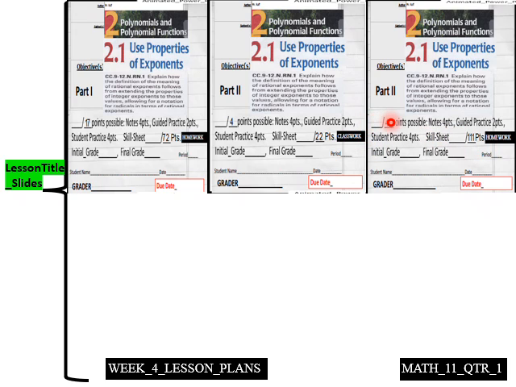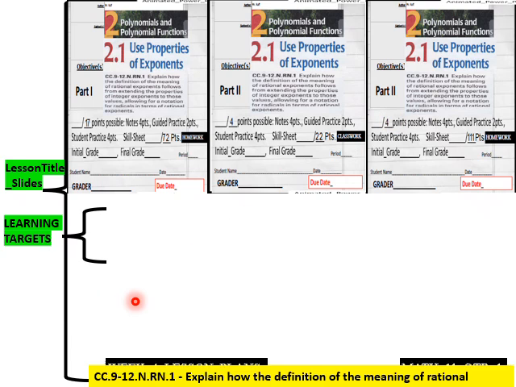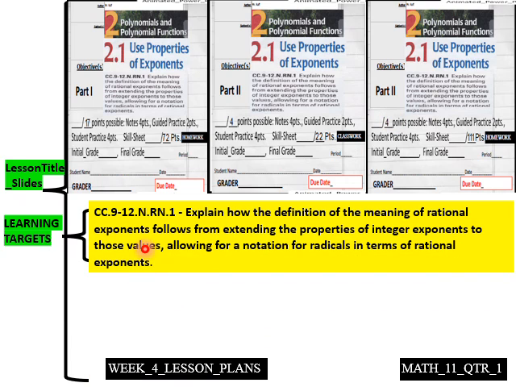And then we go into our learning targets here. And again, it's Rn.1: explain how the definition of the meaning of rational exponents follows from extending the properties of integer exponents to those values, allowing for a notation for radicals in terms of rational exponents.